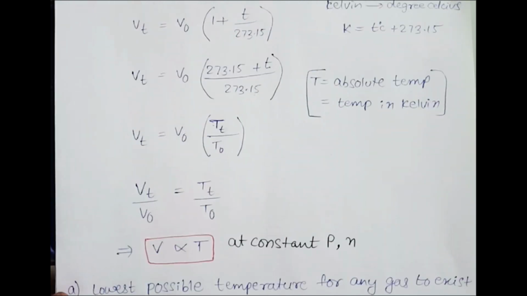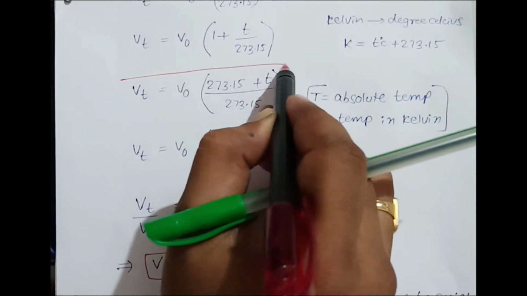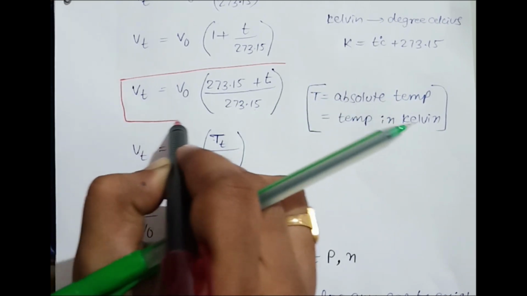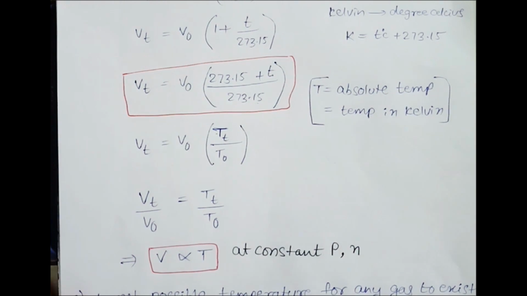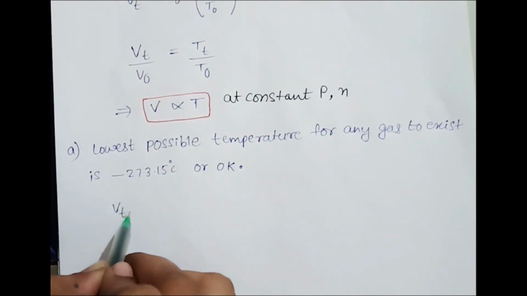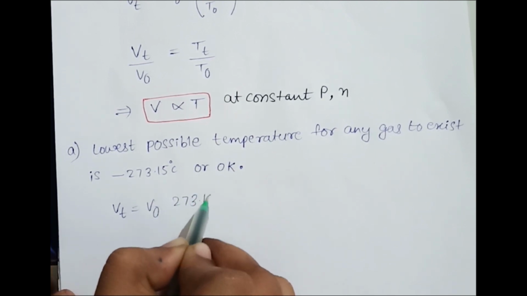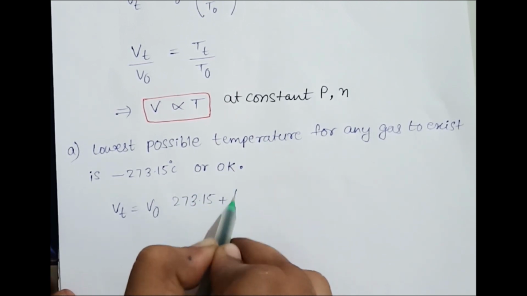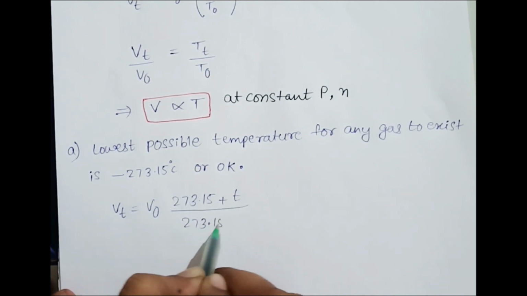Now we take this equation. This equation is our final equation. Keep this in mind. This is equation number 1. From that equation Vt is equal to V0 into (273.15 plus T) divided by 273.15.